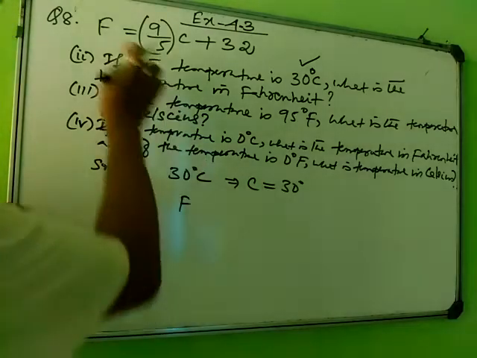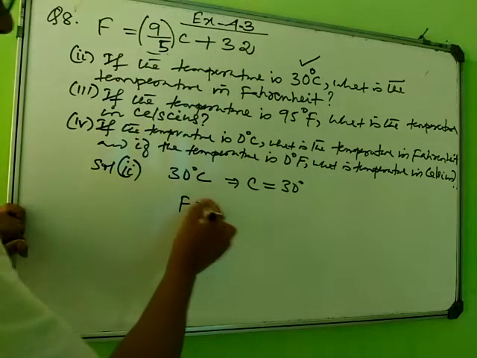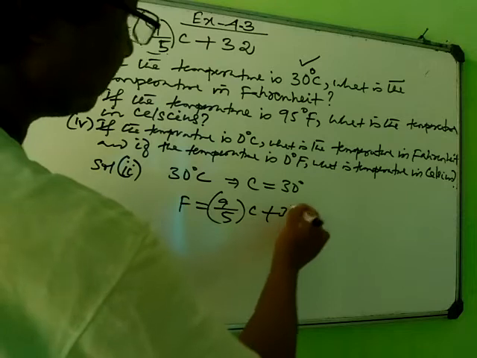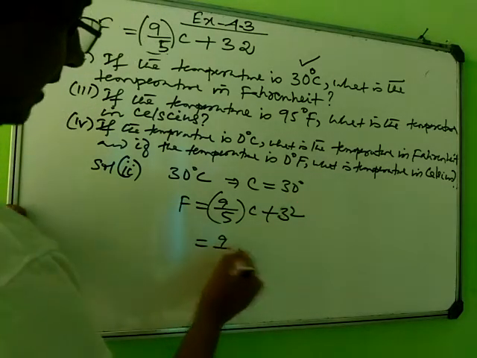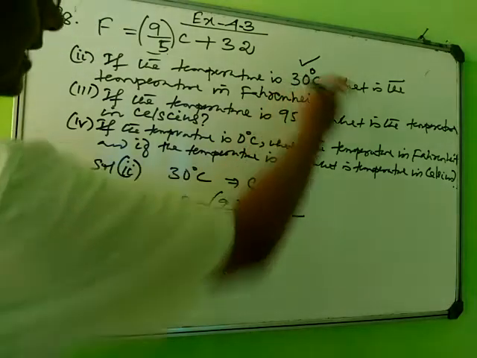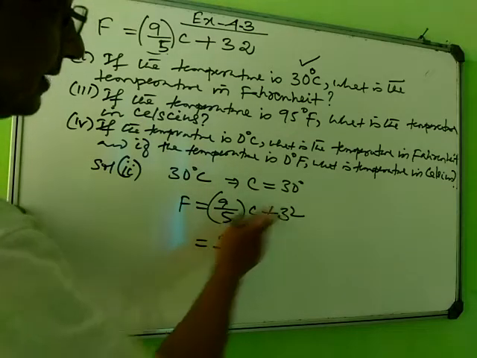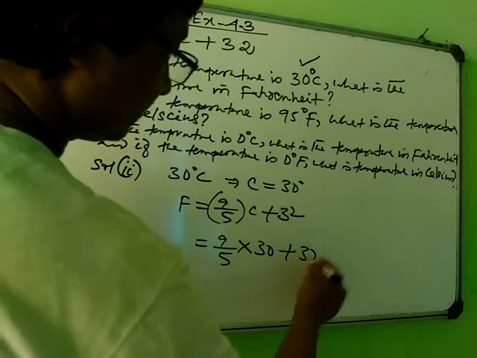Now this is the given equation: F equals 9 by 5 C plus 32. So F equals 9 by 5 into C, and C is 30 degrees, plus 32.